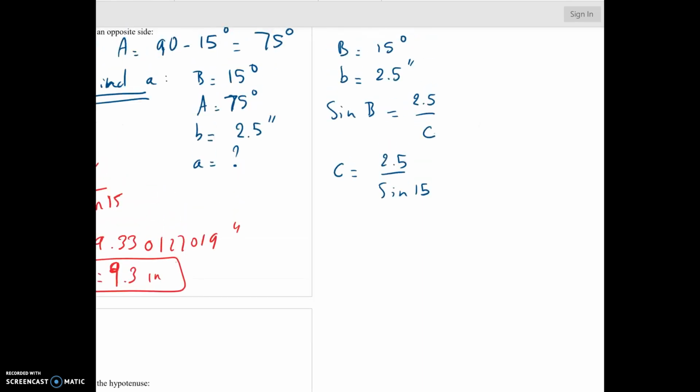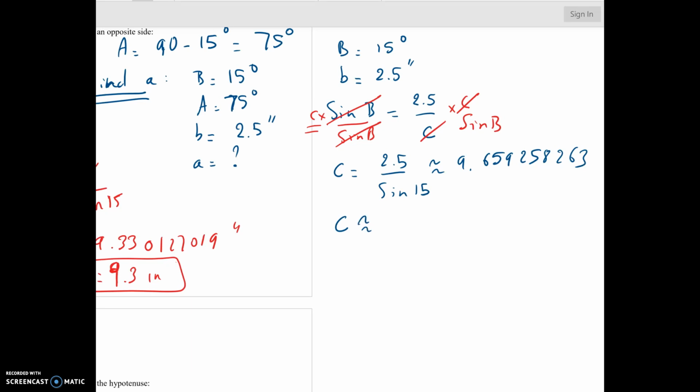Why? Because if I want to have C by itself, I'm going to multiply by C on both sides and divide by sine B on both sides. Therefore, C divides out, sine B divides out, C is now by itself, and it's going to be equal to around 9.659258263. Taking into account the number of significant digits, I'm going to end up with 9.7 inches.